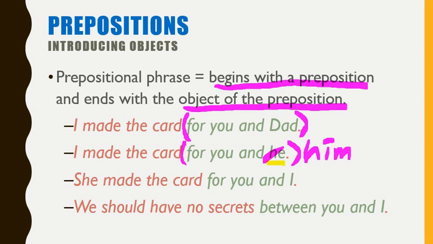And why do we need to write him? It's because we are dealing with the object of the preposition. That means that word he or him in that position is an object, just like the object of a sentence. An object pronoun requires an objective case of the pronoun.